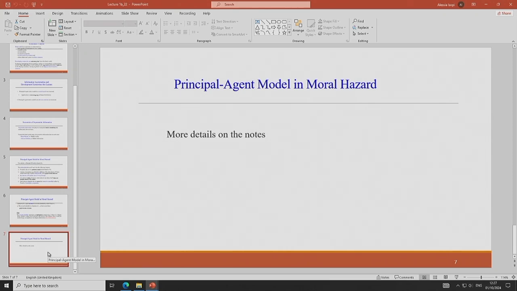It is the minimum level of utility I have to provide you with in order to be willing to accept my offer.